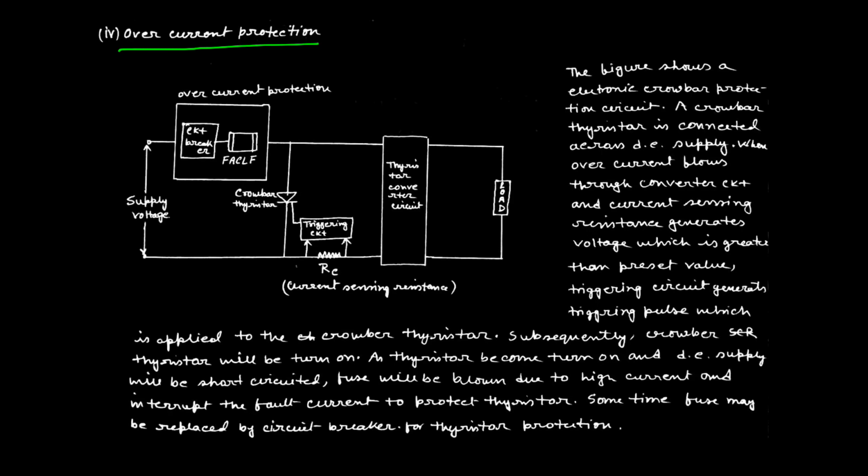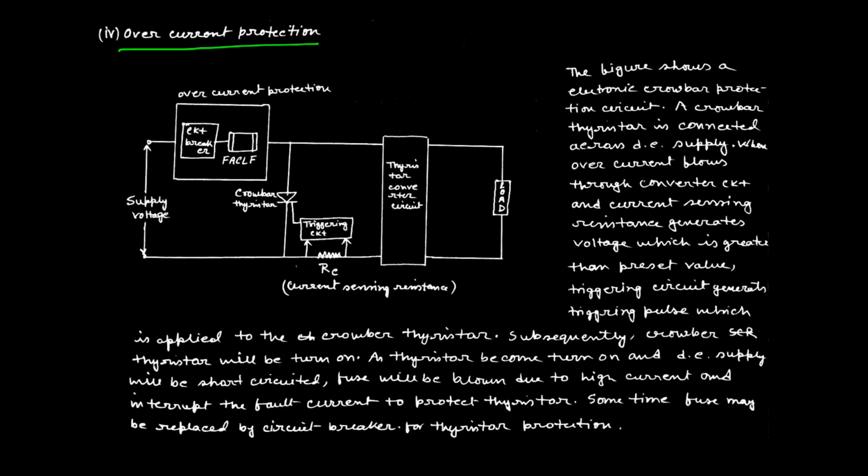But when the fault current starts flowing, that means if the fault current magnitude is high enough with respect to the normal magnitude of the circuit current, then this sensing resistance can sense the extra amount of current. Then it is able to create a voltage, and this voltage goes to the triggering circuit.